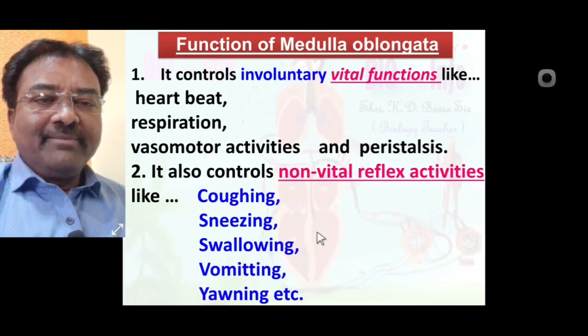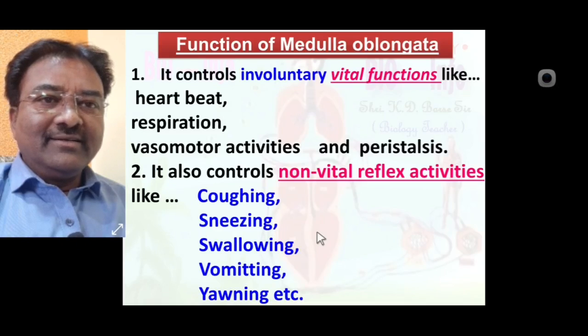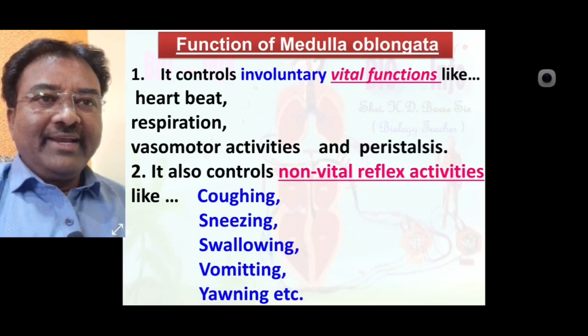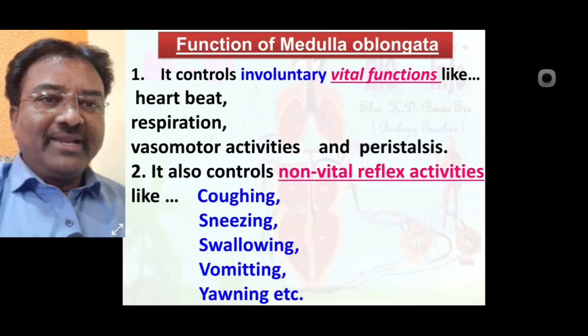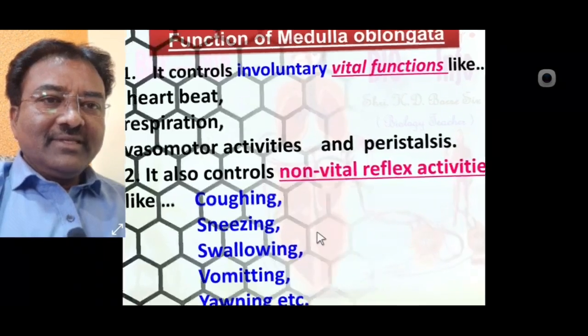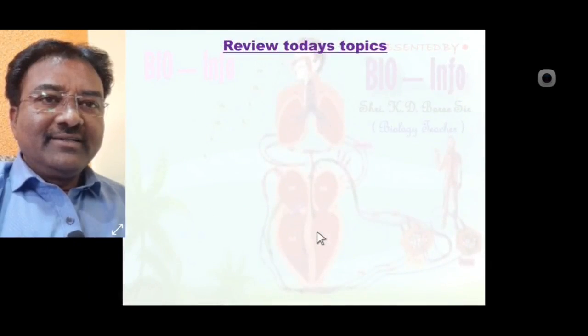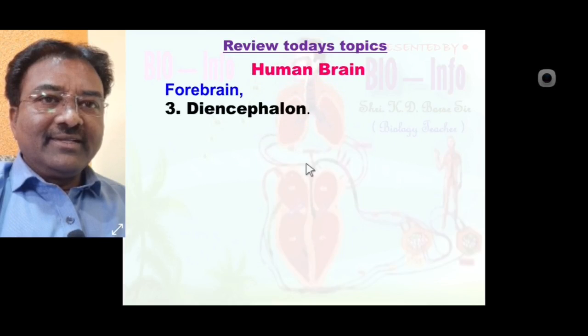Up to this we discussed in detail how medulla oblongata performs its different functions and that it is a part of the hindbrain. Now a review of today's topic. The human brain consists of forebrain, midbrain and hindbrain.